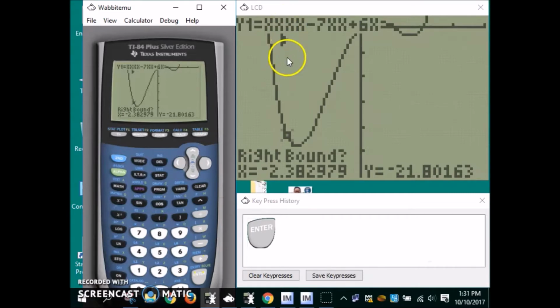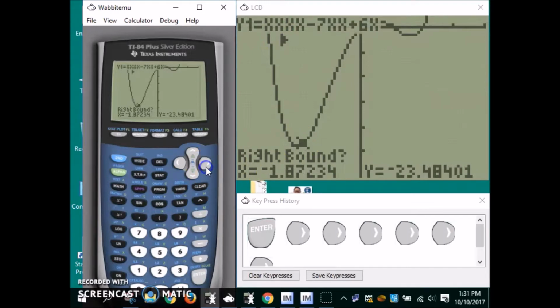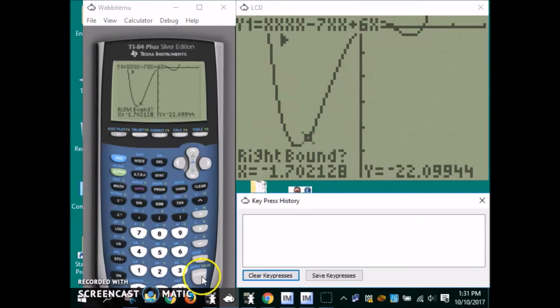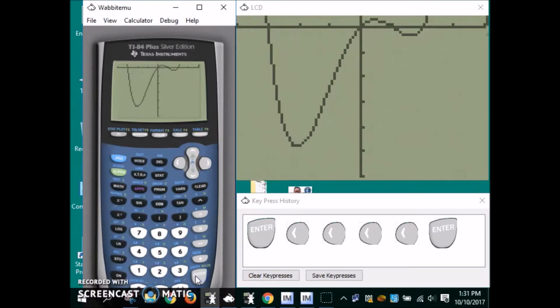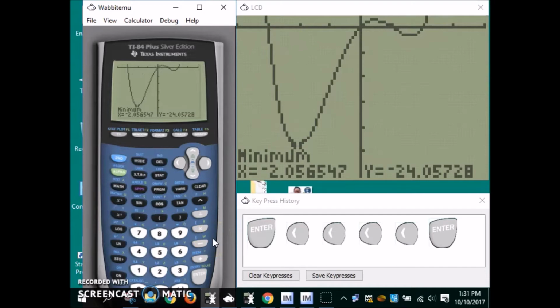Some of your calculators are a little bit nicer. You'll have a line. Mine just has an arrow. Now I need to go to the right of what I think the minimum is. Enter. And go back. And I can write down that value, right? I can write down negative 2.056 and y equals negative 24.06. Raise your hand if you got that one.